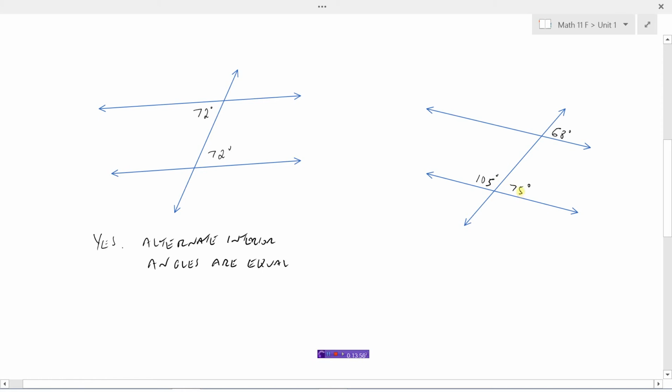And now what I have here is I have corresponding angles on the same side of the transversal here. So I have that F rule. These are corresponding angles, but are they equal? No, they're not. So these are not parallel lines.